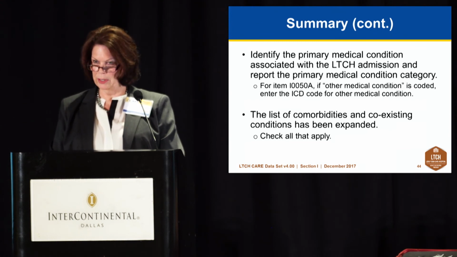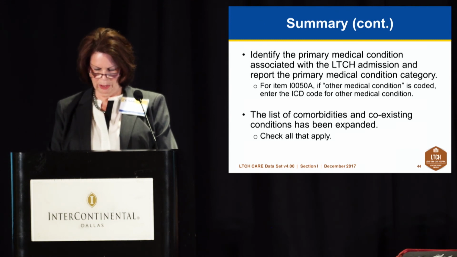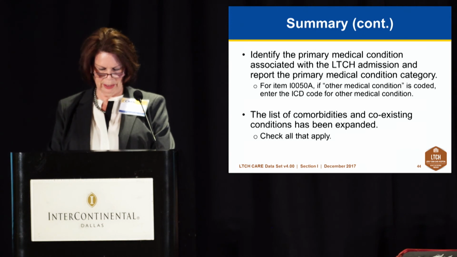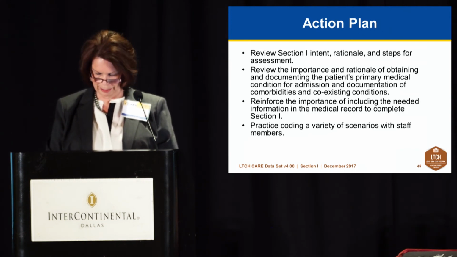We've also, in this session, identified the primary medical condition associated with the LTCH admission and report that primary medical condition. As you know, if on item I050A, other medical condition is coded, enter the ICD code for other medical condition. The list of comorbidities and coexisting conditions have expanded, and you're going to check all that apply.